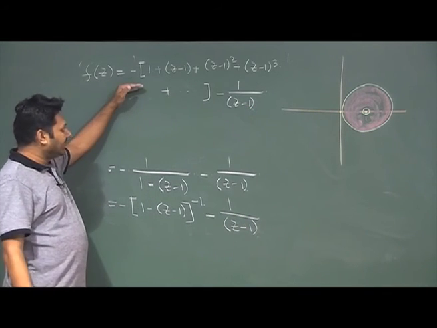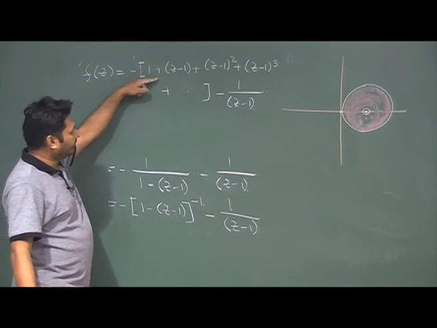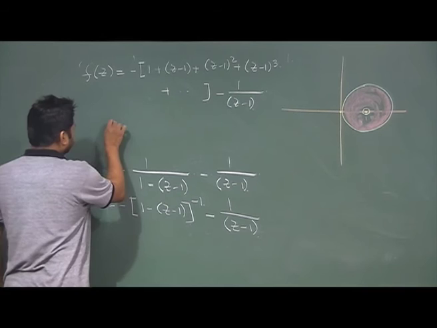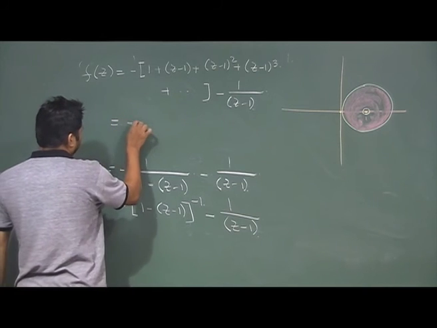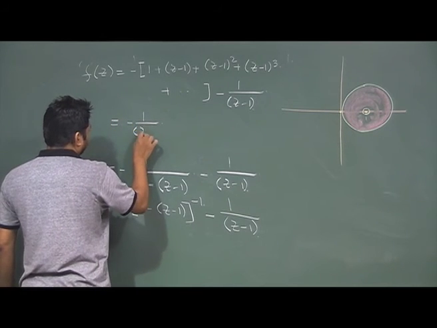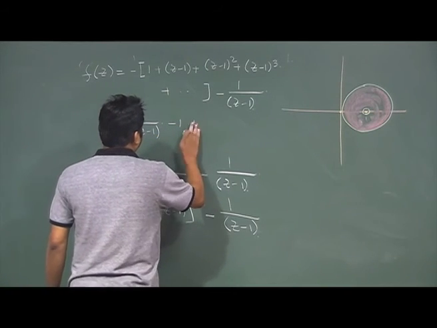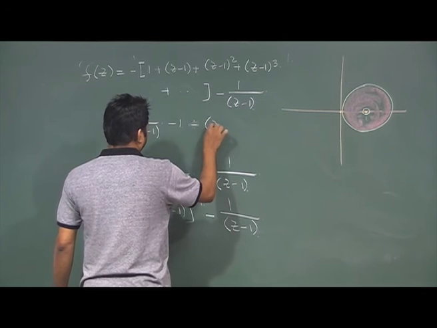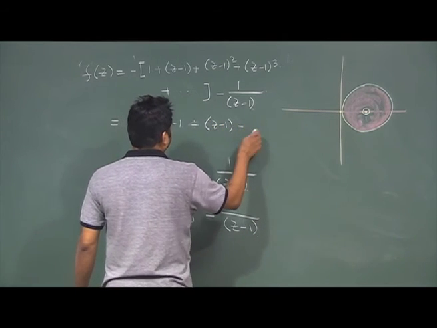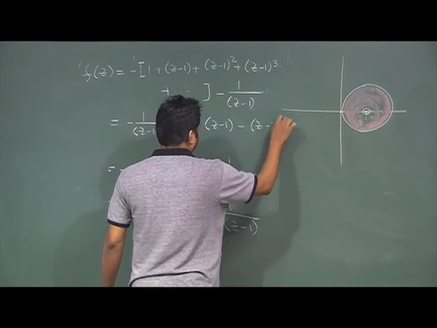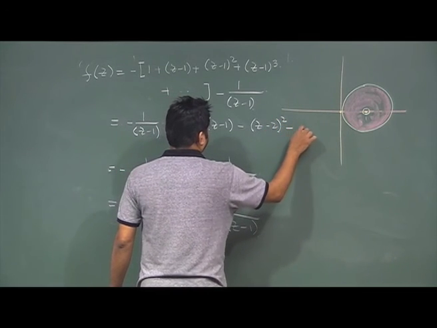So you can see again that I have a principal part here and an analytic part here. If I write it in this form, it will be something like minus of 1 by z minus 1, then minus of 1, minus of z minus 1, minus of z minus 1 square, and so on.